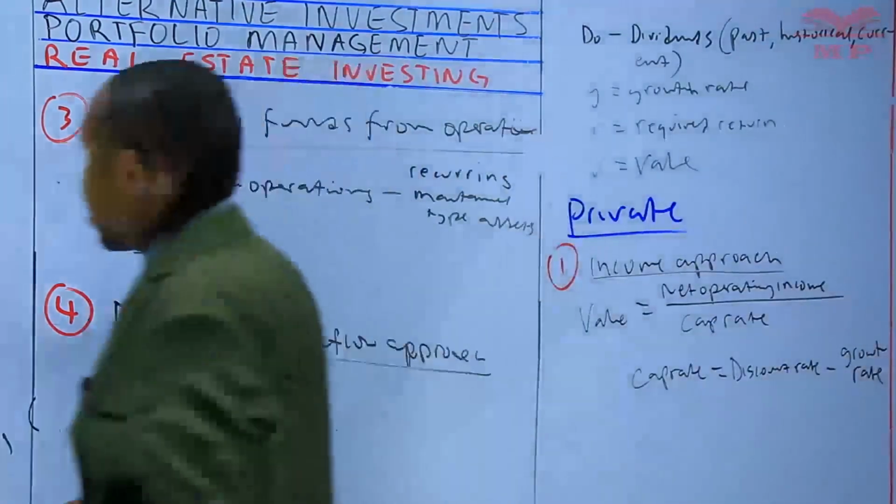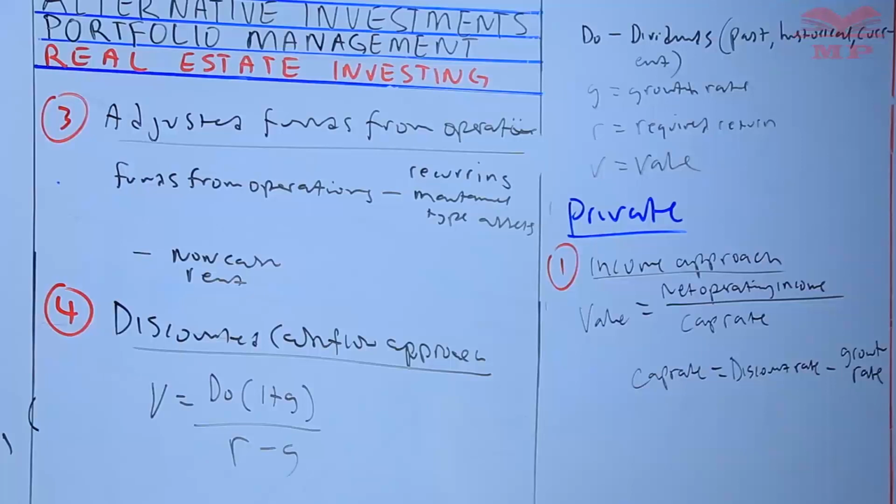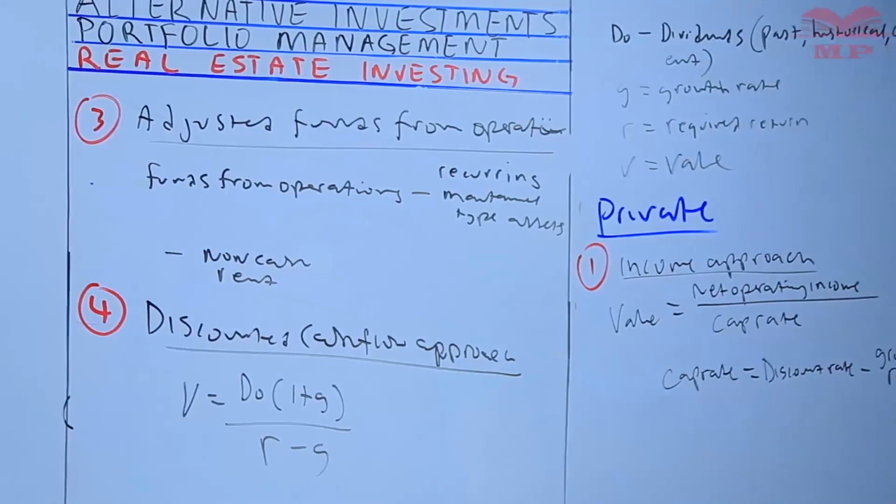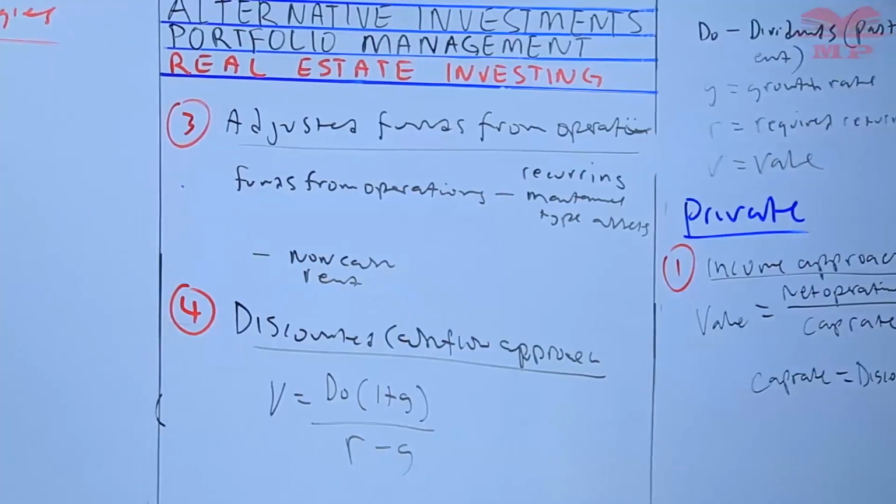Then the second method, so we're still looking at valuation methodologies. Number 2, because that was number 1, the cost approach.